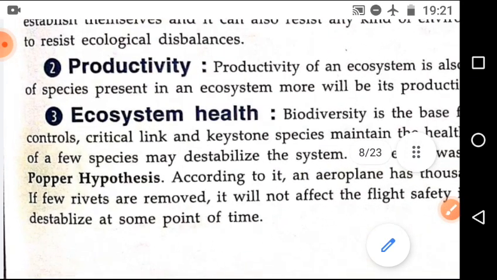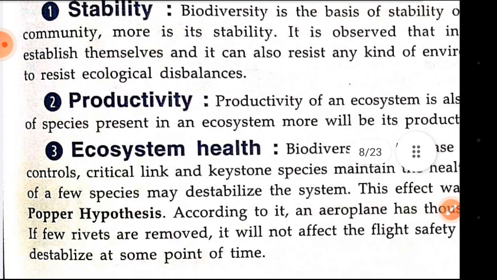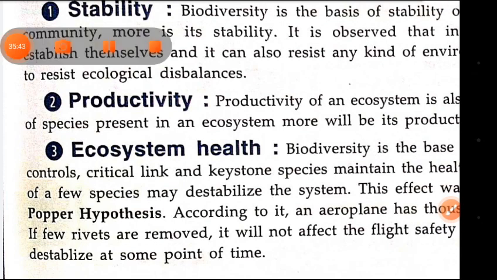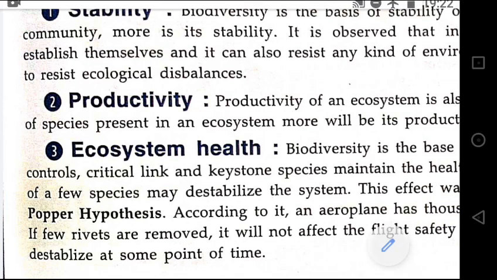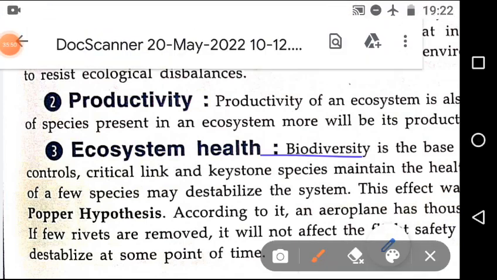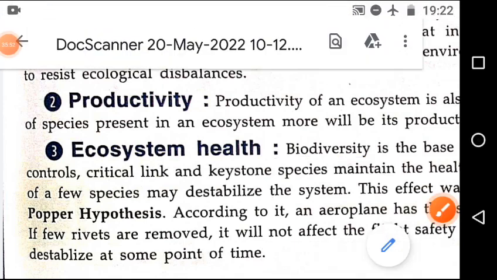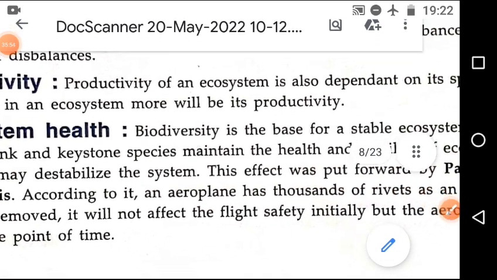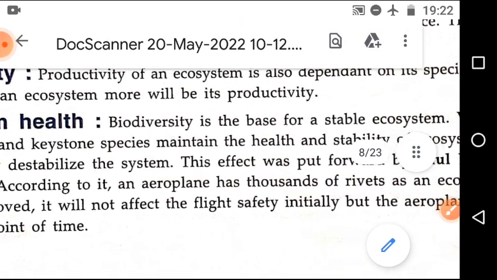Then the third point that they have mentioned is your ecosystem health. What it is saying here, let us see. Starting from here, you see, biodiversity is the base for a stable ecosystem.